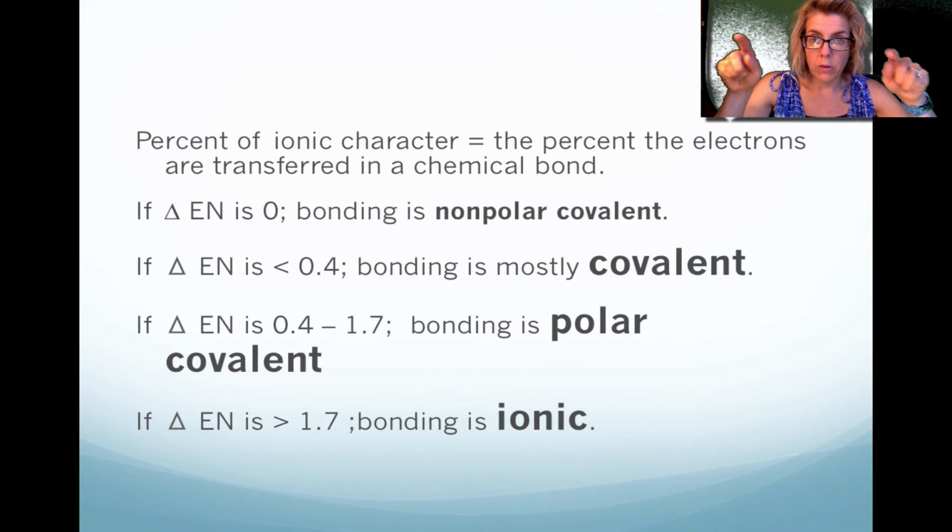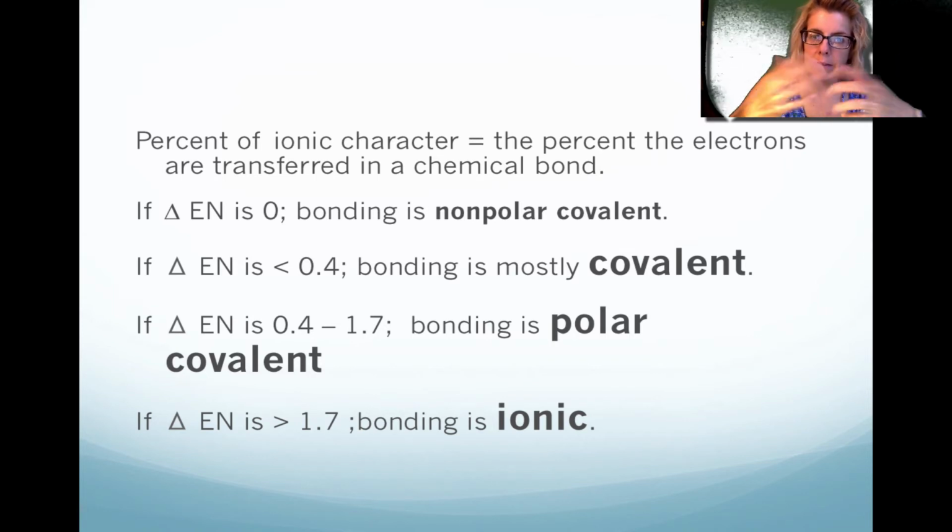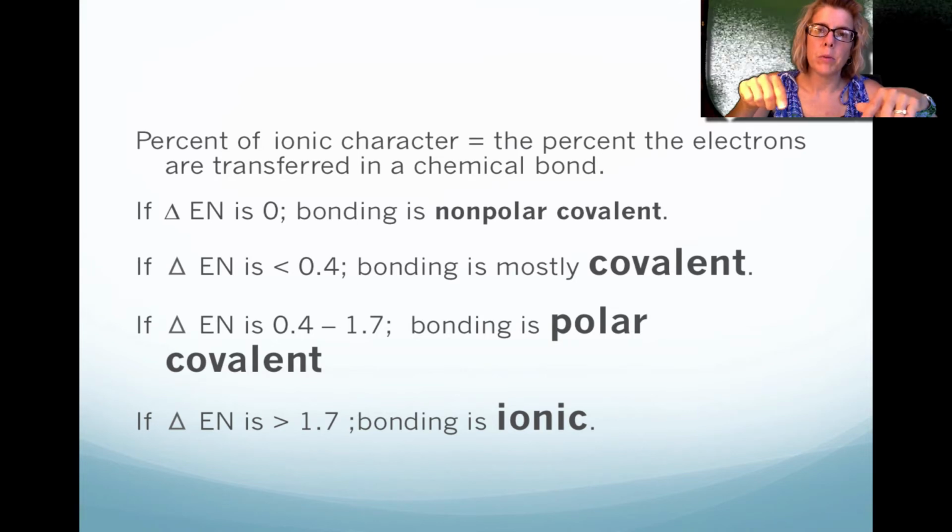Now, if you take the two numbers from that blue table and subtract them, and it's less than 0.4, you would say that bond is mostly covalent. If that difference is greater than 0.4 but less than 1.7, we say it's a polar covalent bond. And lastly, if the difference between those two elements is greater than 1.7, we say it's ionic.